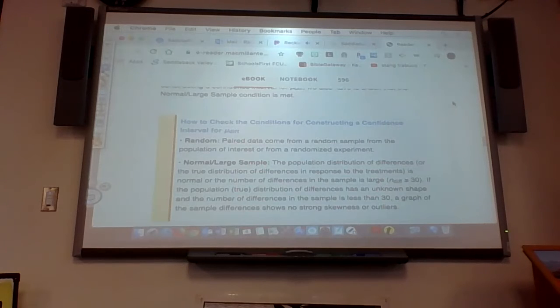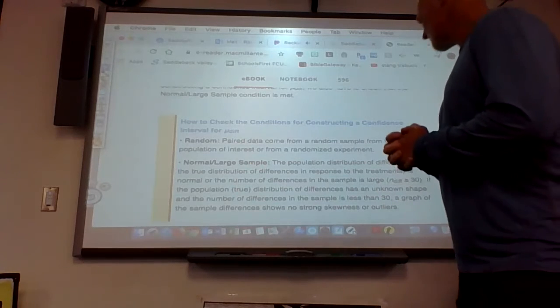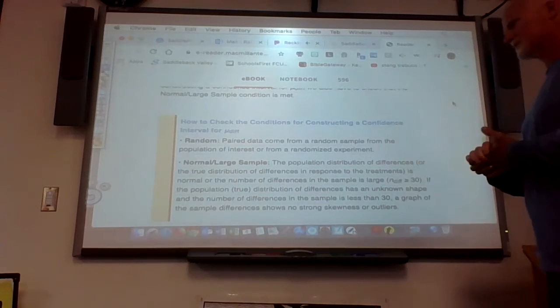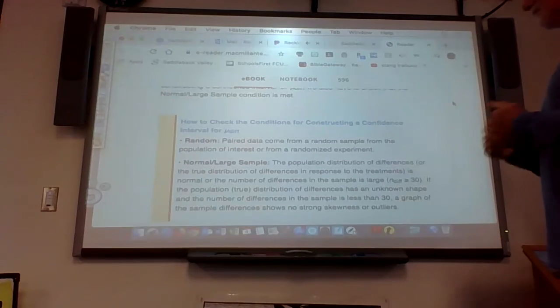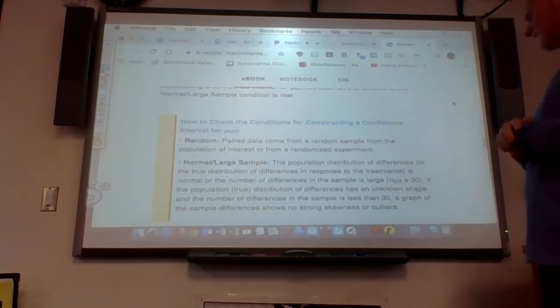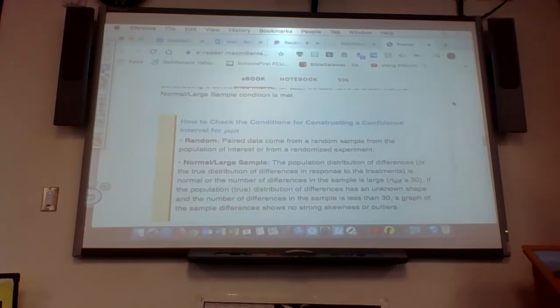Normal or large sample. So again, if our population distribution of differences comes from a normal situation, we don't have to look at the sample size. Otherwise, if we don't know that, then we have to look and see if the sample size is greater than or equal to 30. Now, there's a special case.